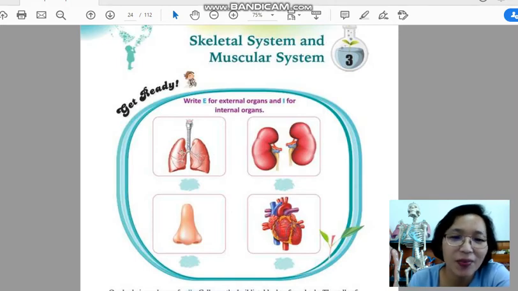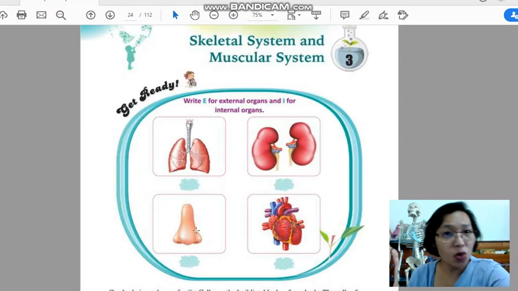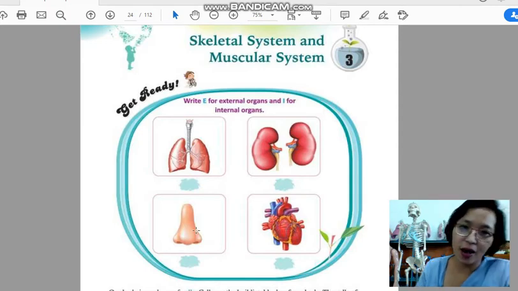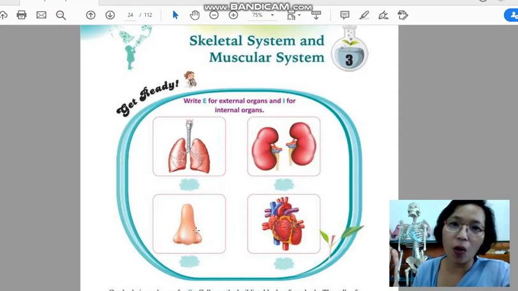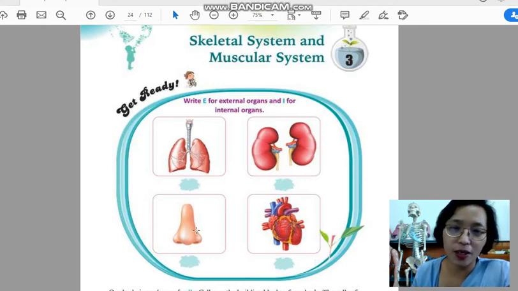Good. Lung, kidney, heart, our nose. So who can answer? Is this an external organ or internal organ? The external organ is one that you can see clearly.